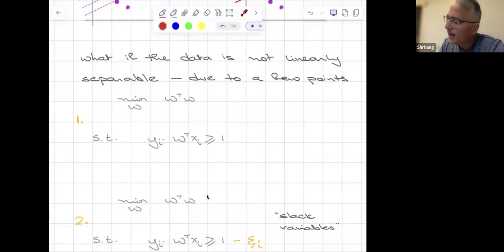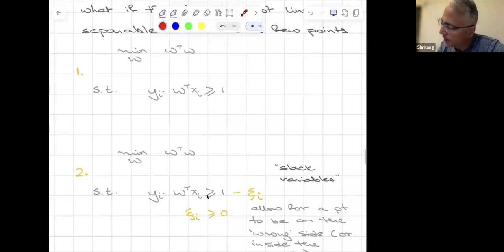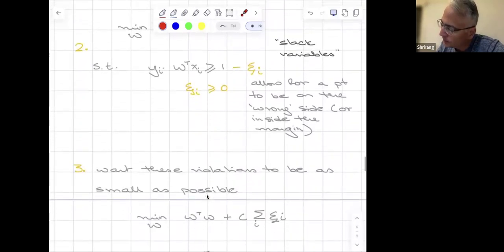Because I include the psi I in the objective function. Remember, objective function and constraints. I've modified the constraint. Now I'm taking that slack variable and putting it in the objective function. How will I do that? I'm going to sum up all the slack variables and make that part of this minimization routine.